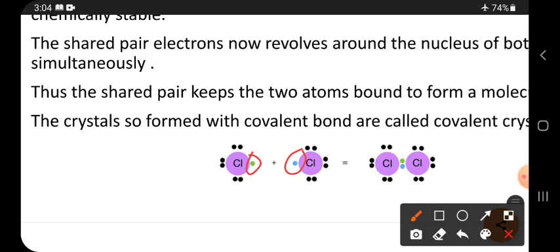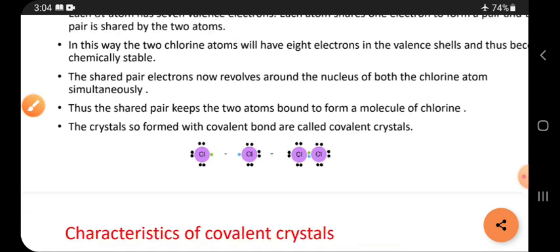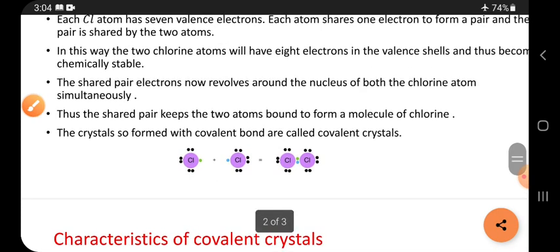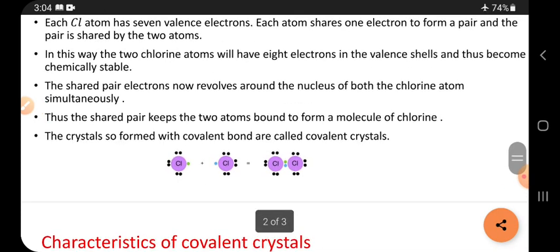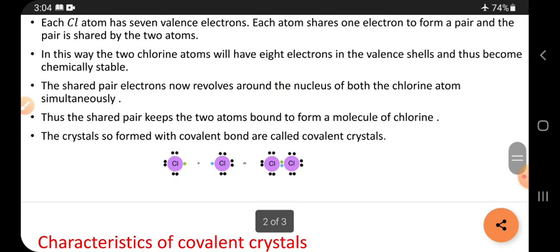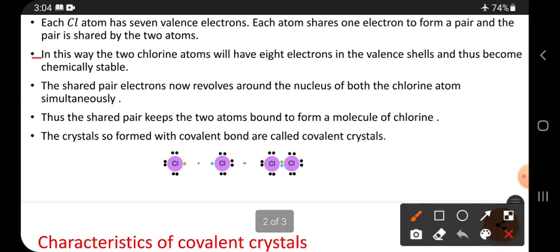When these two come near to each other, these two electrons will be shared between these two atoms. In this way, two chlorine atoms will have 8 electrons in their valence shell, and thus become chemically stable, meaning they cannot react with anything.